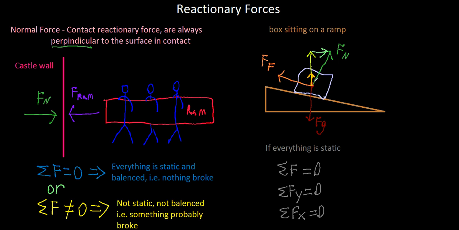And we could just then add them all up and cancel them all out. But if everything is static, then they have to equal 0, and that's the idea. I'm going to go ahead and get rid of those arrows. I don't want you to draw all those, but yeah, that's the idea.